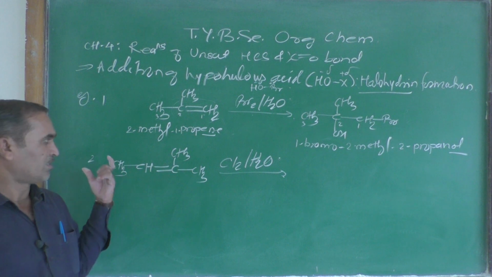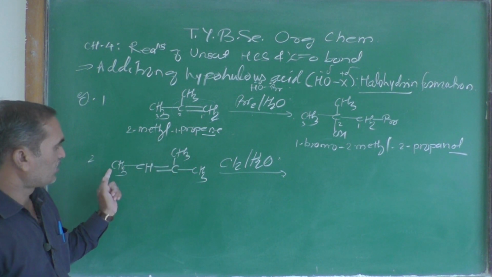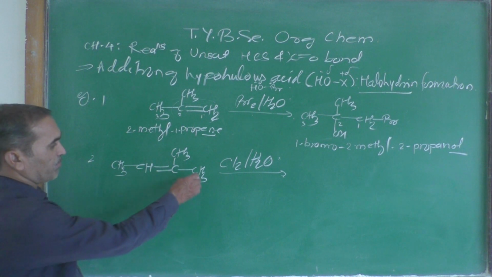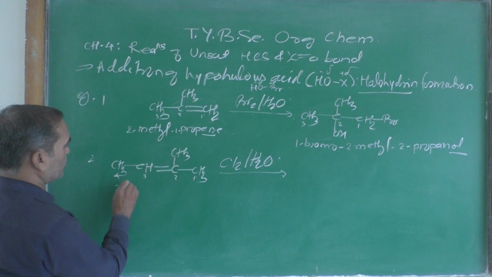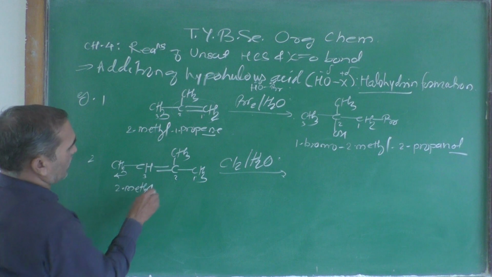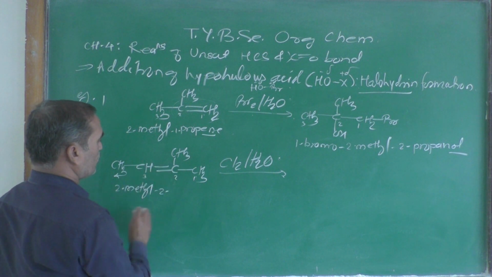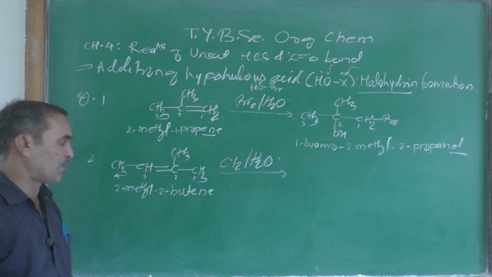Do you know the IUPAC name of this compound? Yes, you know that. The numbering starts from this side, from right hand side, 1, 2, 3 and 4. Look at 2 position, 2-methyl. At 2 position a carbon-carbon double bond is there, therefore 2-butene. So this is the IUPAC name of this compound.